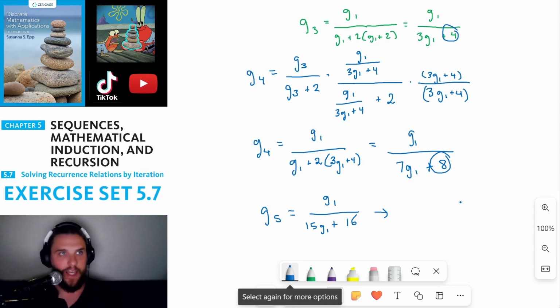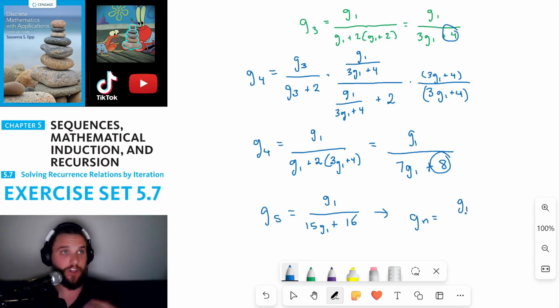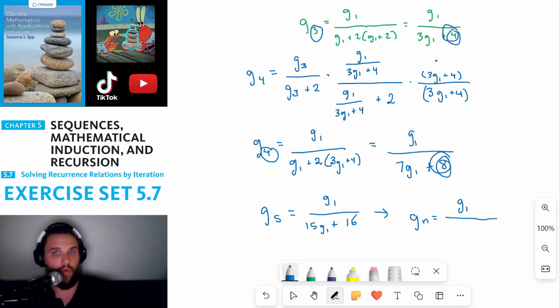Now we can generalize this formula by saying G sub n equals G sub 1 over, and now I'm going to do the second number first because these are powers of 2. Now, when the subscript is 4, we have an 8, and when the subscript is 3, we have a 4. 4 is 2 squared, 8 is 2 cubed, so it looks like it's always 2 to the power of whatever the index is minus 1.